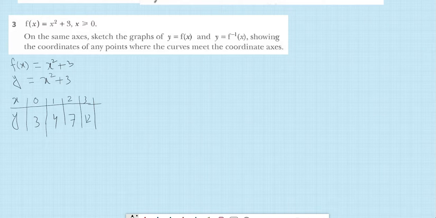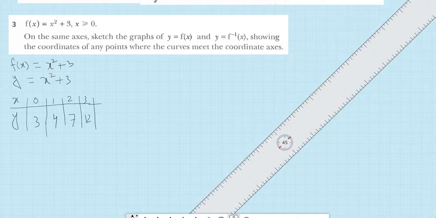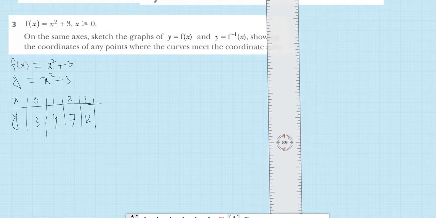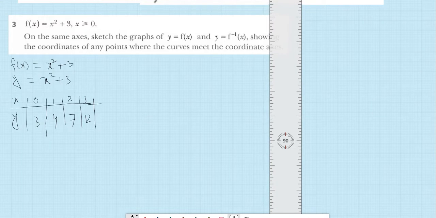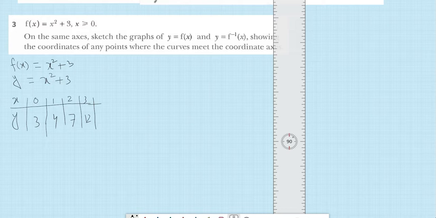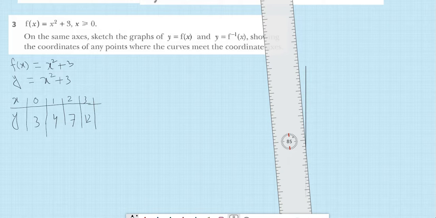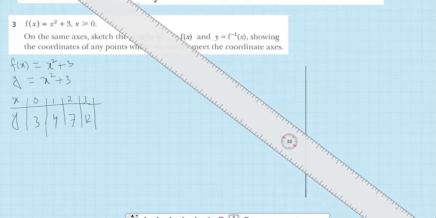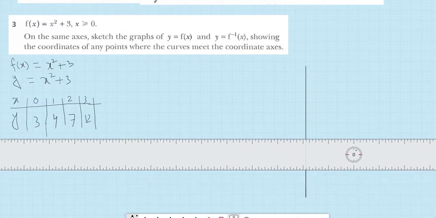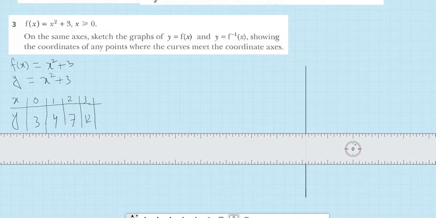Now draw the graph of this function. First, we have to draw x and y axis. This is y axis. And this is x axis.